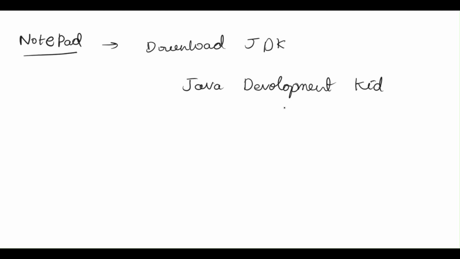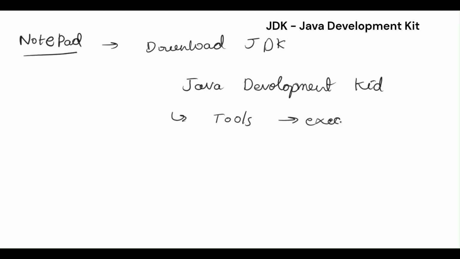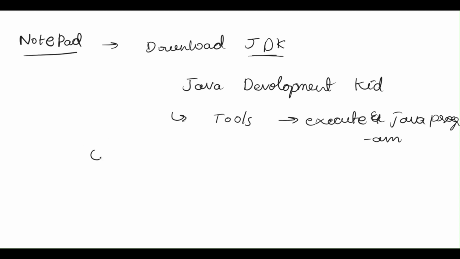It will provide the basic necessary tools to execute a Java program. So for that we have to install the JDK. We can download this JDK from the Oracle website.